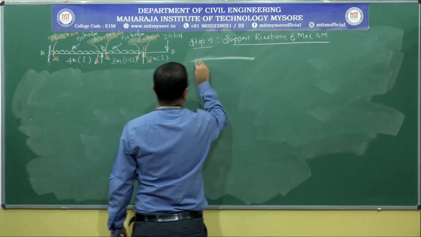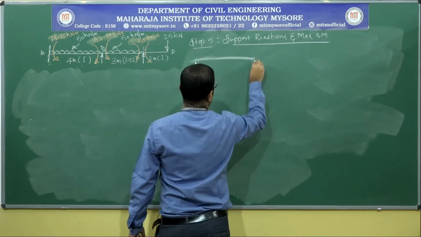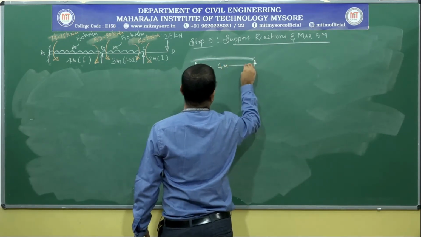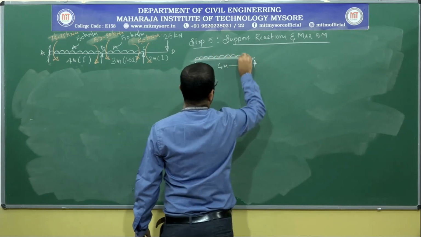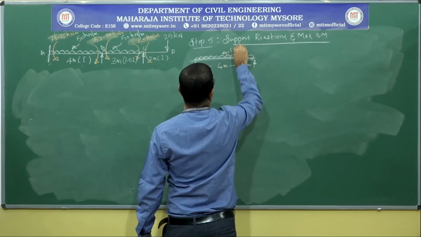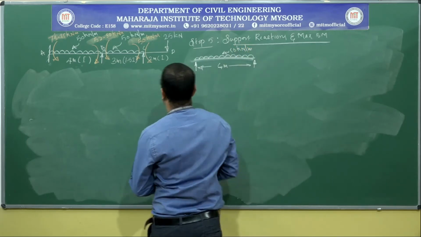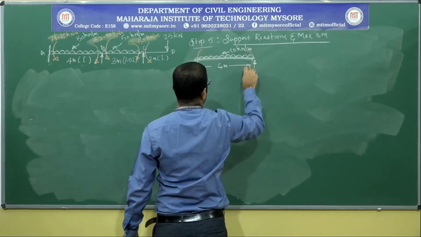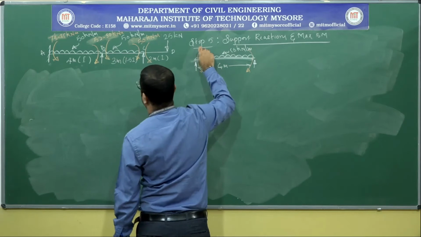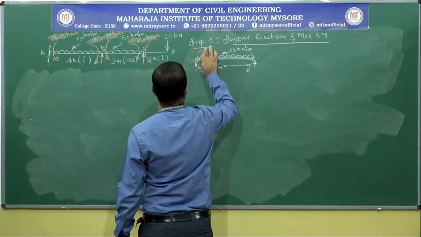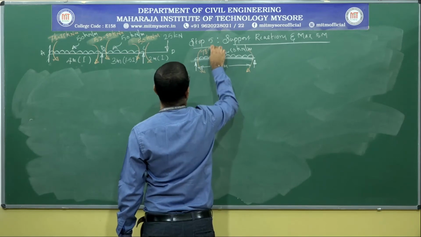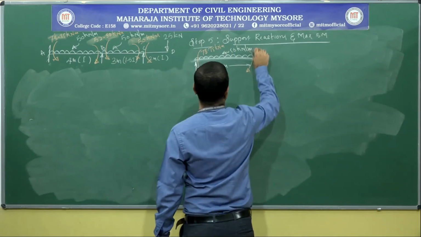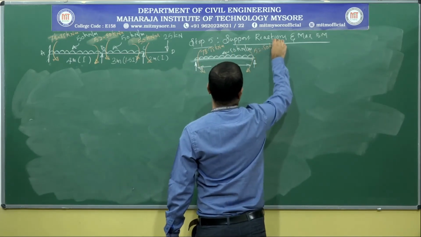Let us say this is the span AB, which is 4 meters long and carries a UDL of magnitude 50 kilonewtons per meter. Because of this loading, we know the end moment at A is 73.75 kilonewton meter and the end moment at B is 52.50 kilonewton meter.